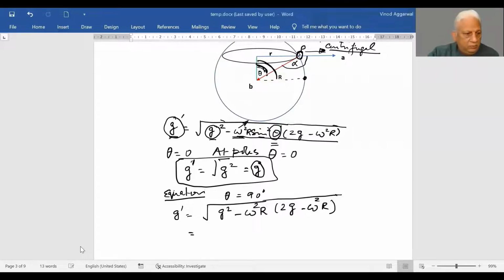And this will be equal to g minus omega square r. So the apparent gravitational pull will be less at the equator compared to standard g.